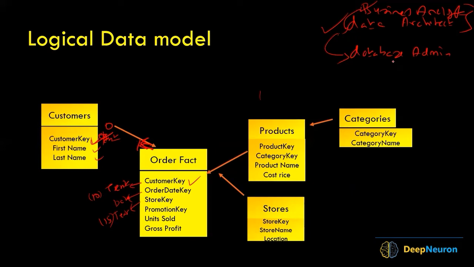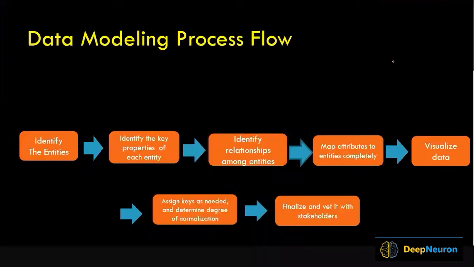So what is data modeling? This is the typical data modeling process. Identify the entities, which are nothing but the tables, that are required for your business process or your project, identify the key properties of each entity, and identify the relationships. The next step is to map the attributes to entities completely and visualize the data.